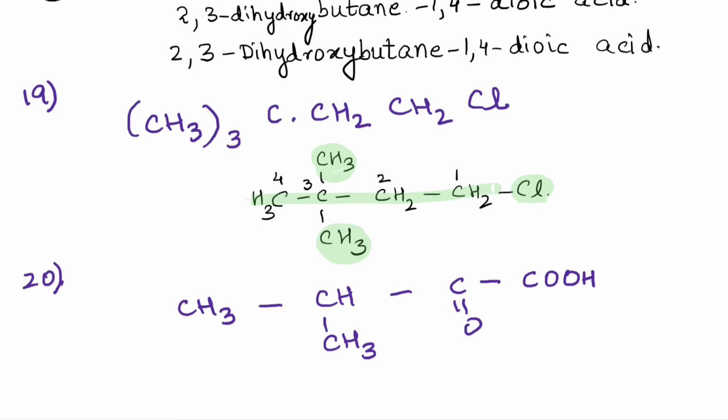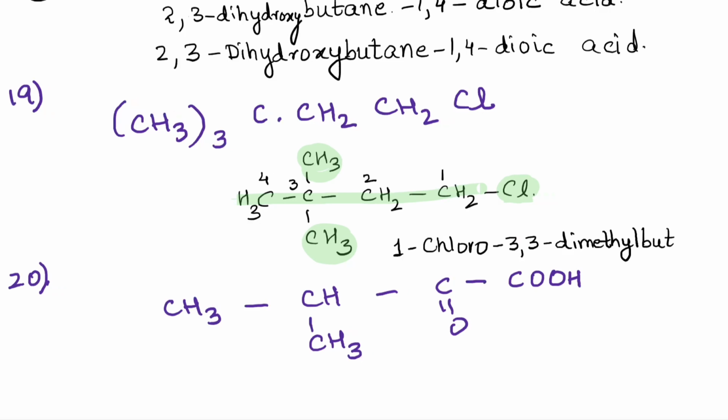Yes, chloro will come first in the alphabetical order. So we have 1 chloro, or you can just write chloro hyphen 3 dimethyl. And what will be the word root here? Yes, but. Saturated, unsaturated? Yes, it is saturated, so we have ane. 1 chloro 3 dimethyl butane.